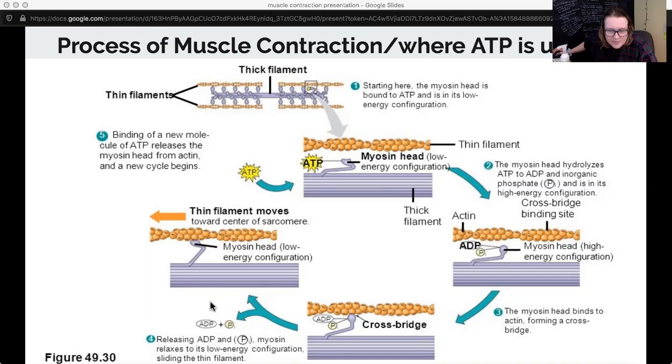The cycle keeps going as ATP binds to the low energy myosin head, keeping the muscles contracting.